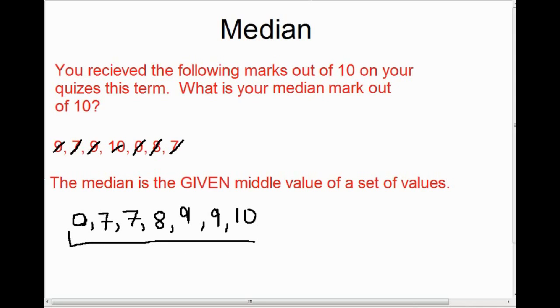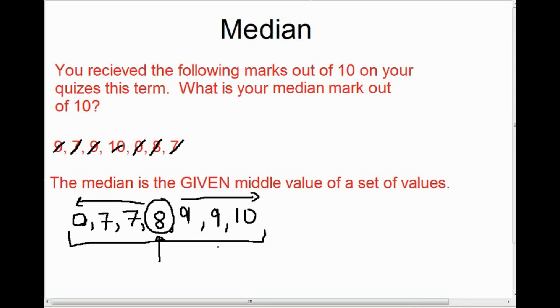So the absolute middle value that's given is here. It's 8. It's right in the middle because there's 3 on this side and there's 3 on this side. So that 8 is right in the middle. So the median here, in this case, is the 8.